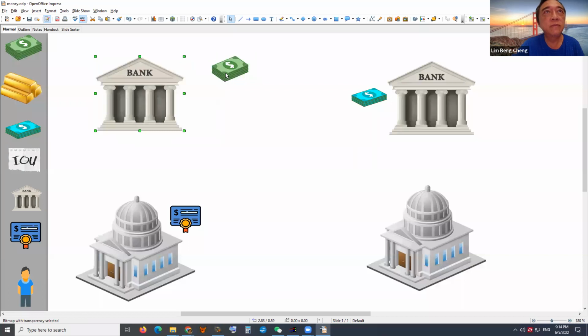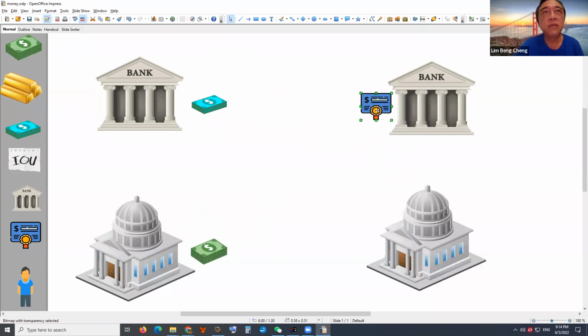So here's an exchange. I give you my currency, you give me your currency. Now I use this currency, buy the bond, I get the bond. Now the government has money to spend. Easy, so it's very easy for a government to raise money, just issue bonds.